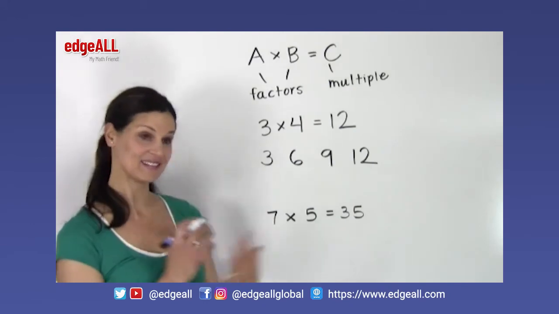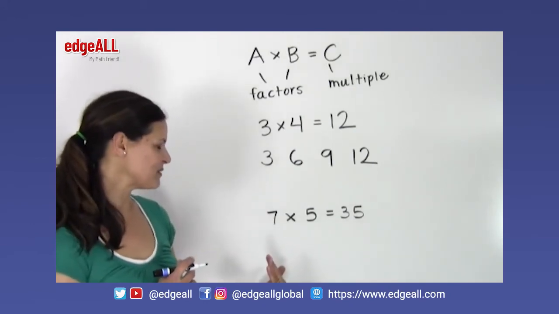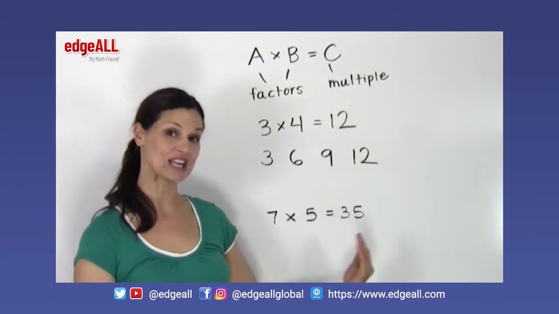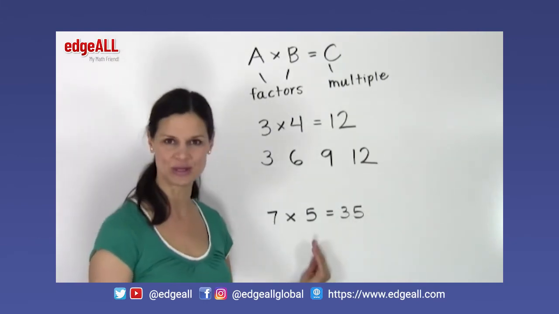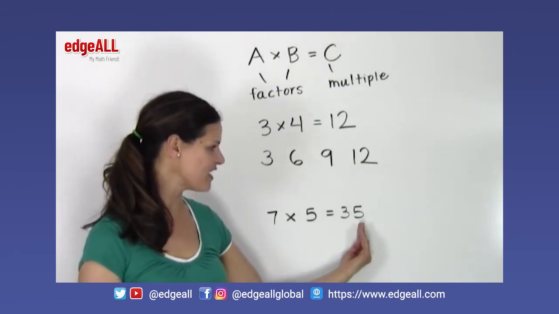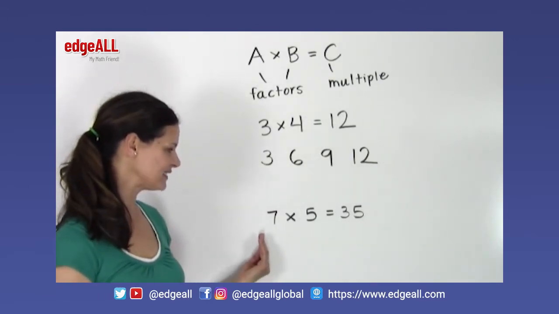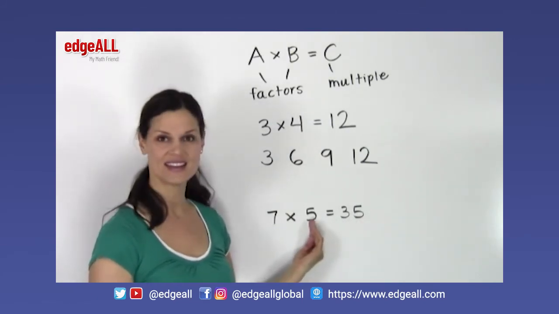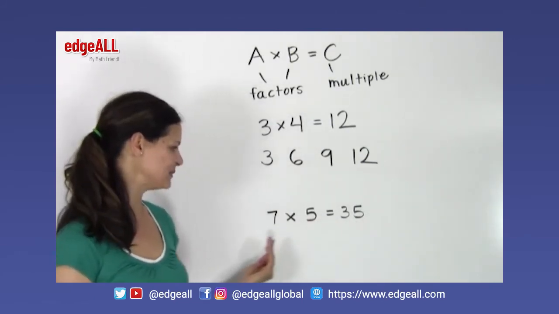And then using the 35 as a multiple, I would say 35 is a multiple of 5. And similarly, 35 is a multiple of 7. 35 is divisible by 5, and 35 is divisible by 7.